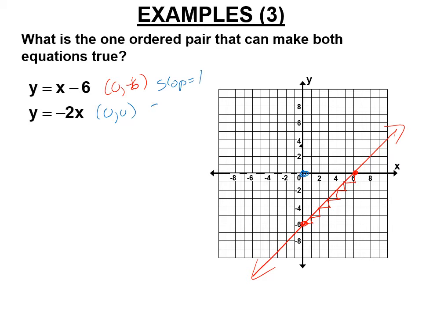This is the slope of 1. This is the slope of negative 2. So down 2 over 1. There it is. That's where it hits. And so it intersects at 2, negative 4.